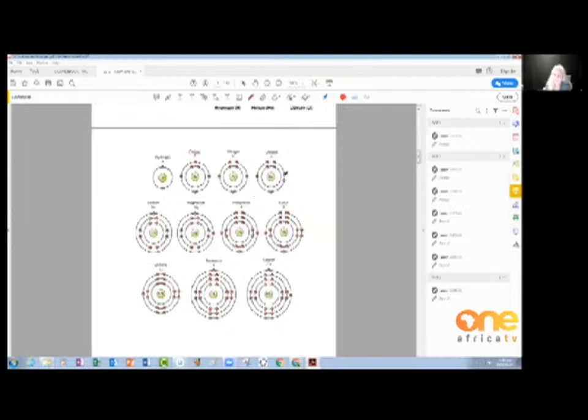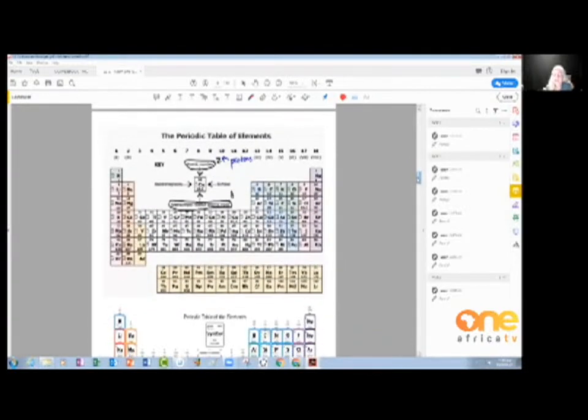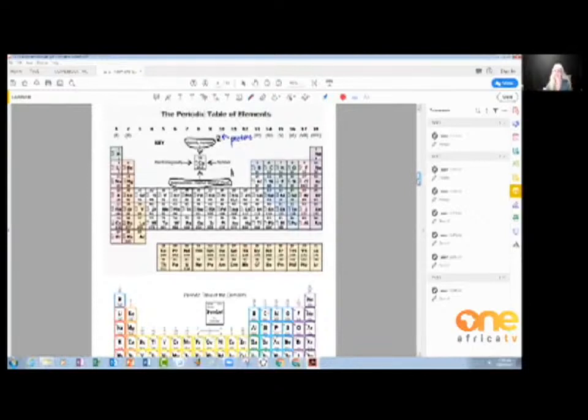And now, how can we tell how many protons and how many electrons there are in atoms? We cannot remember everything, but all this information is summarized, or contained, in this very important table, the periodic table of the elements.